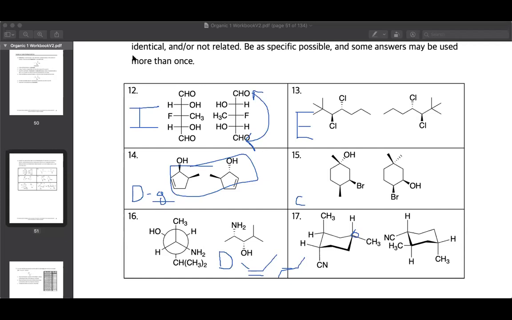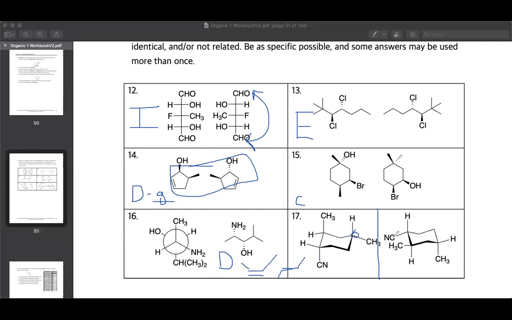Okay, yeah. So these are conformers clearly because of the ring flip that's going on here. But what I was going to say is the final thing is how to know whether it's just the conformational one, or is there something else going on here? Clearly I know there's a ring flip going on, that's why these structures look different. So that's why I'm thinking conformational. But the reason why it's an enantiomer is because if I were to flip this over, this is a mirror image and it's not superimposable.